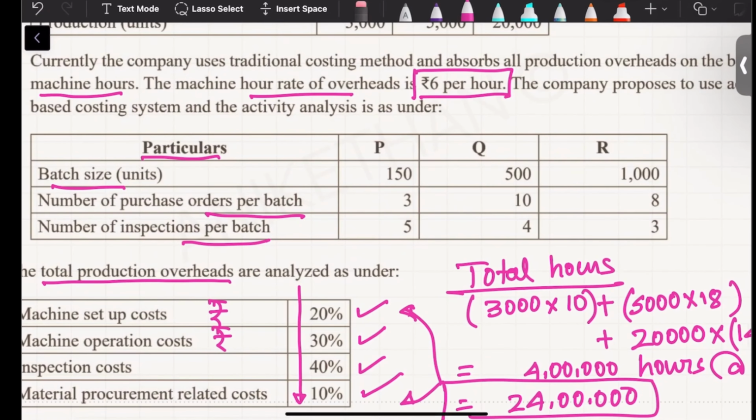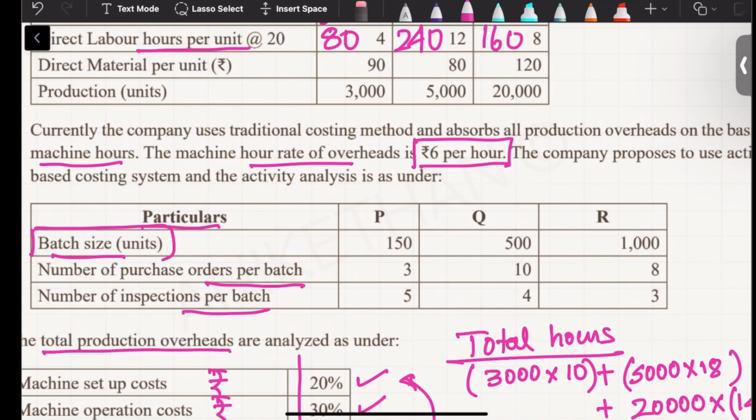Once we have identified which are the drivers, now you have to calculate the totals of those drivers available. So since batch size is given here, 3000 units of P are produced in batches of 150. So that means there will be 20 batches.